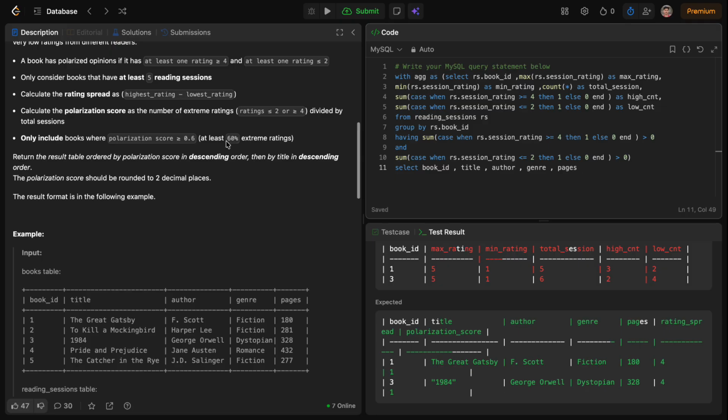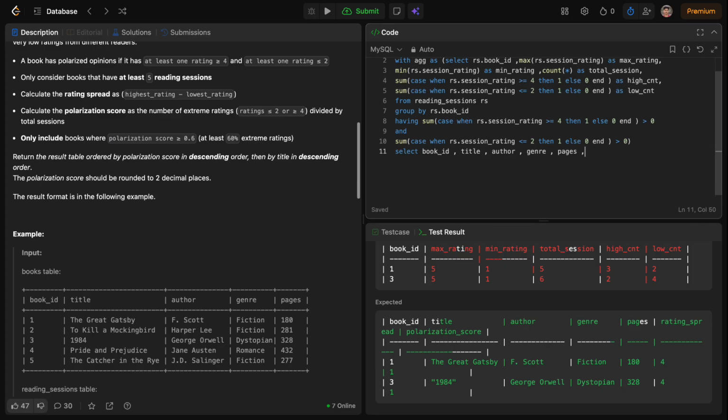So it is maximum rating minus minimum rating as rating spread. Perfect.